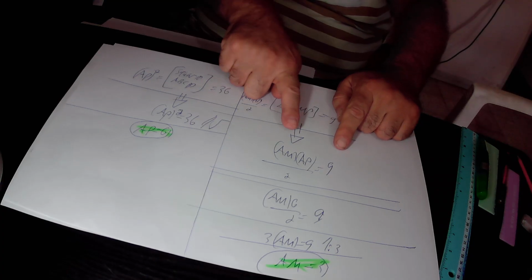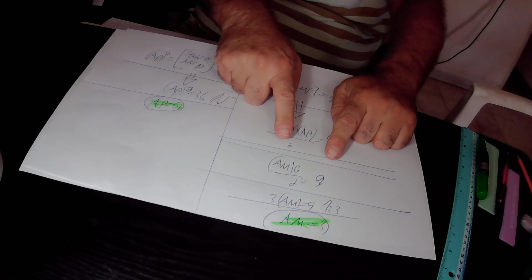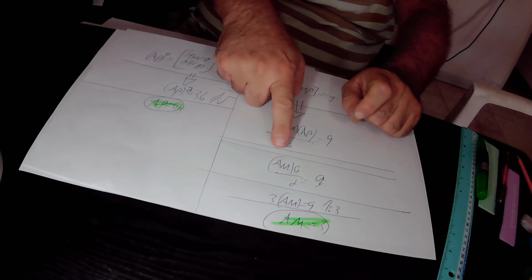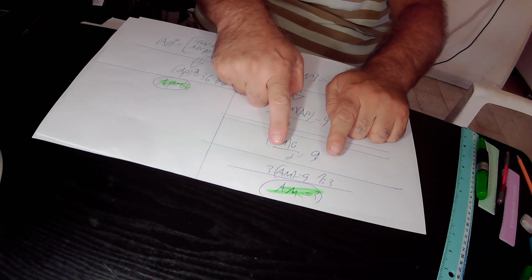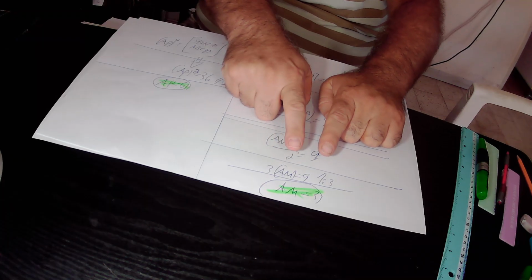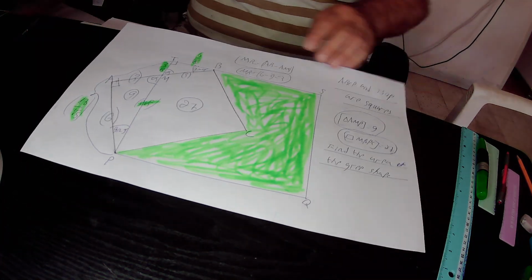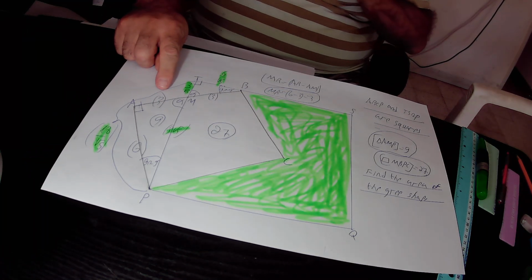AP is 6, so we replace AP by 6 and found out that AM times 6 over 2 equals 9. 6 over 2 is 3, so in total on this side of the equation we have 3 times AM equals 9. Here we divided this equation by 3 and found out that the length of the missing line segment AM is equal to 3 units in its length.